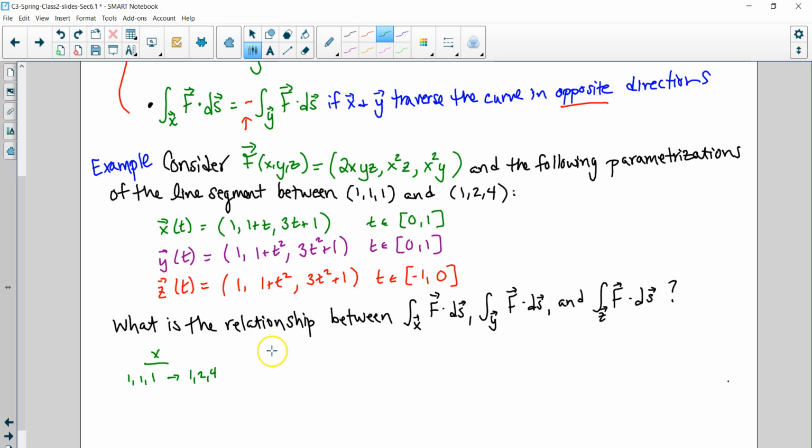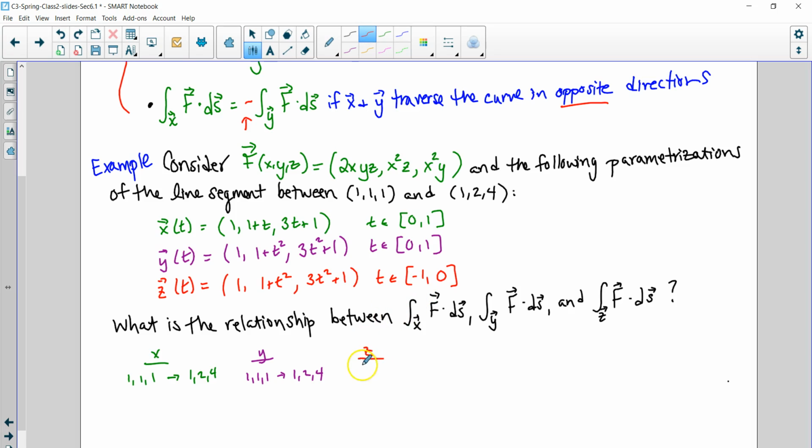Similarly, y would go from 1, 1, 1 and go to 1, 2, 4. And lastly, z, and this is where we might have to be a little careful.